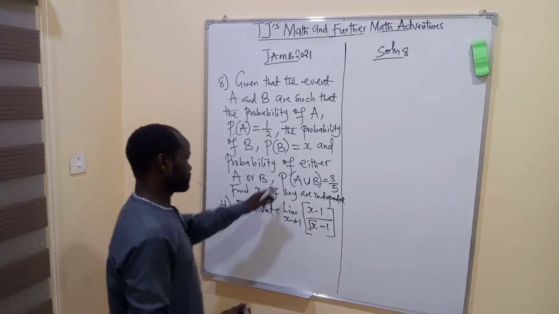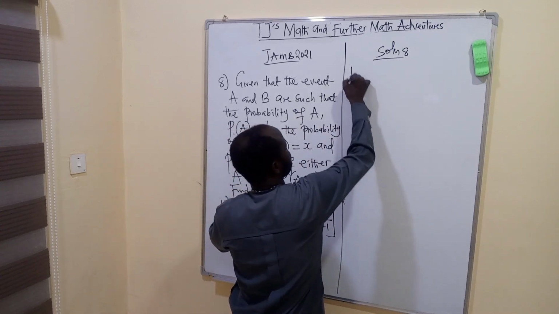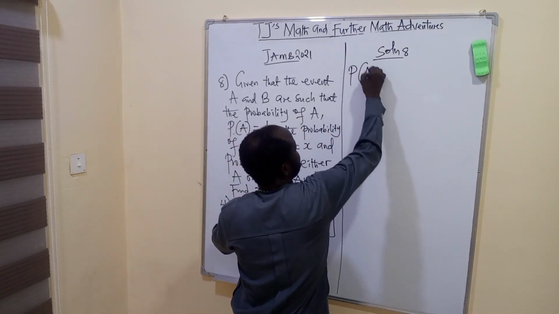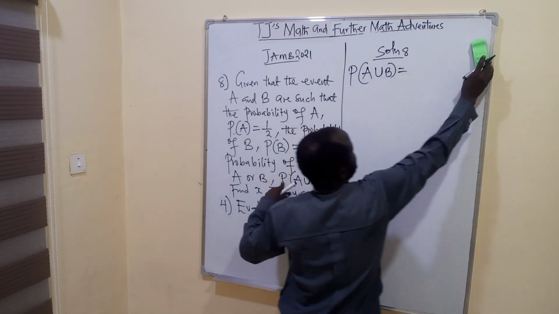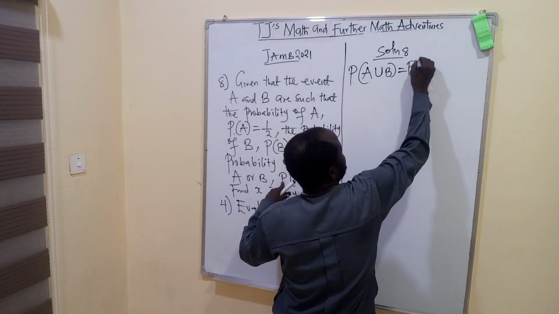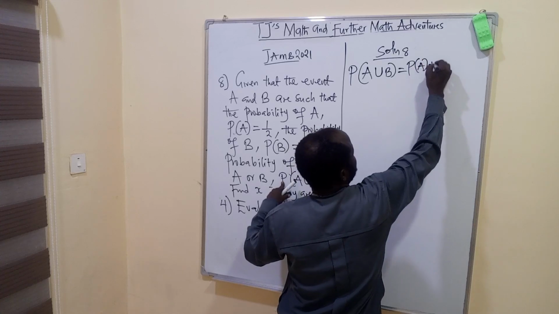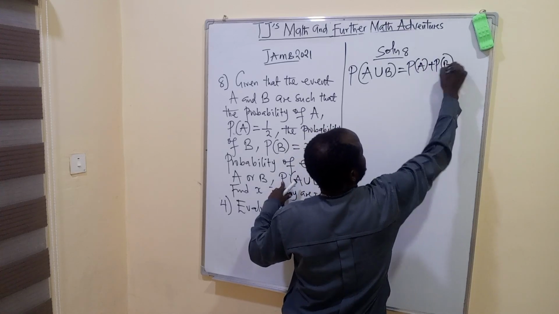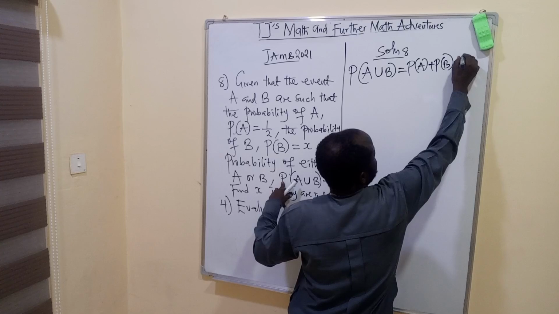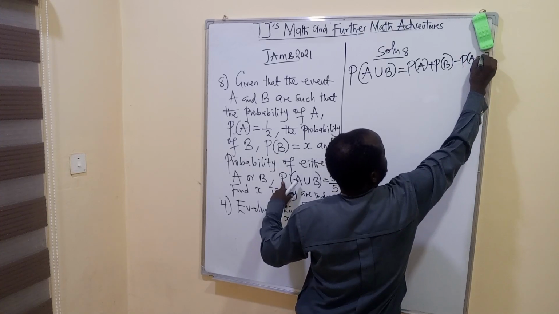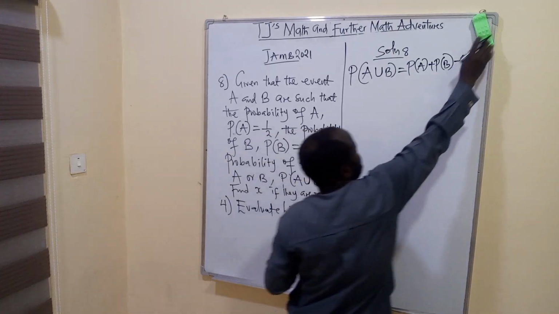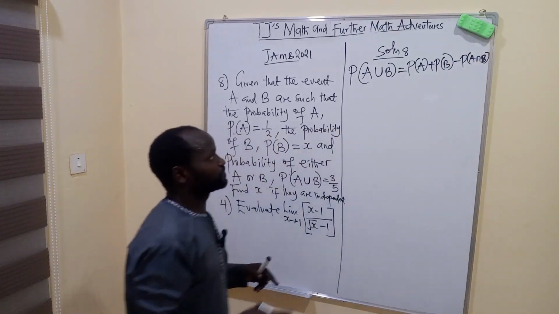So for independent events, the probability of A union B is the same as the probability of A plus the probability of B minus the probability of A intersect B. So this is the formula we have to use.